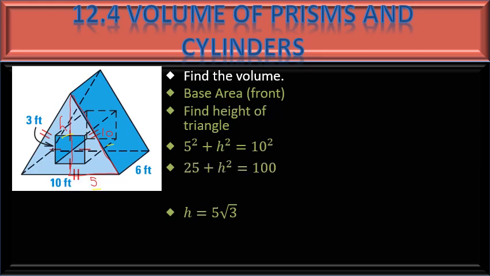So 25 plus the height squared equals 100. Height squared is 75. So we have to do the square root of 75. Well, 75 is 25 times 3. So I do the square root of 25 and the square root of 3, which gives me 5 square root of 3.